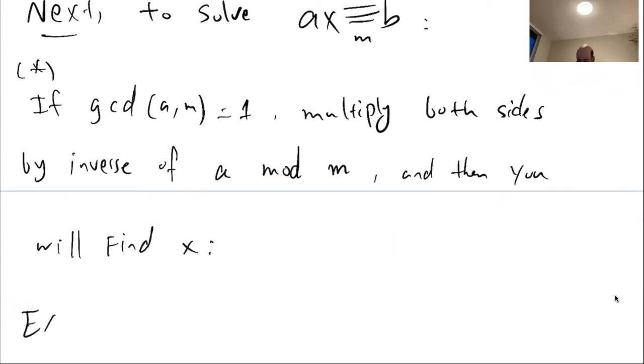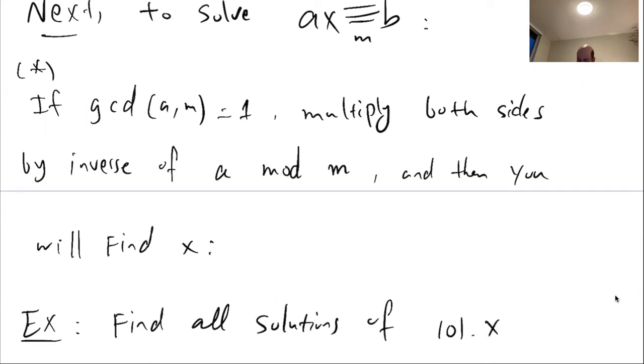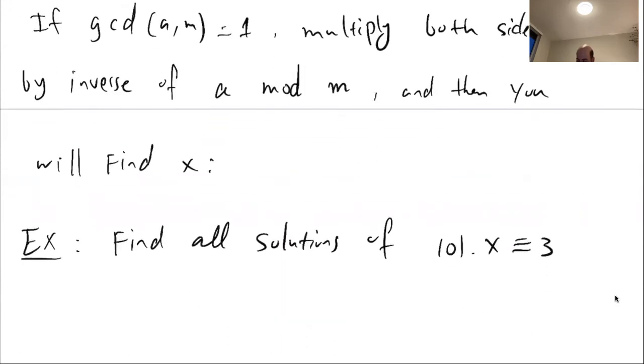So let's look at an example. Let's say, find all solutions of, for example, 101 times X congruent 3 mod 4620.